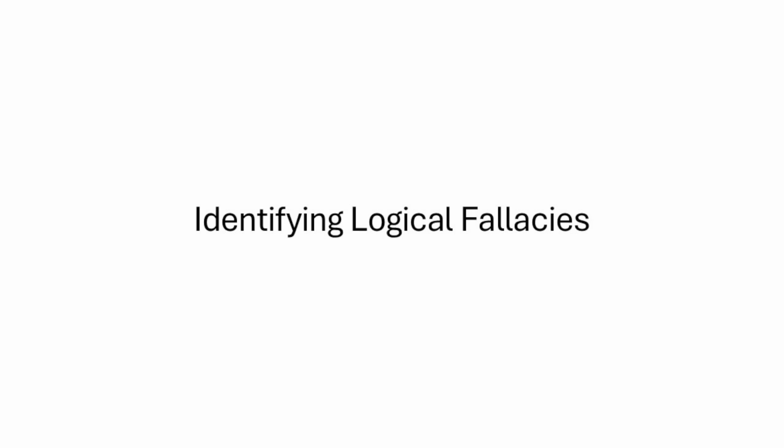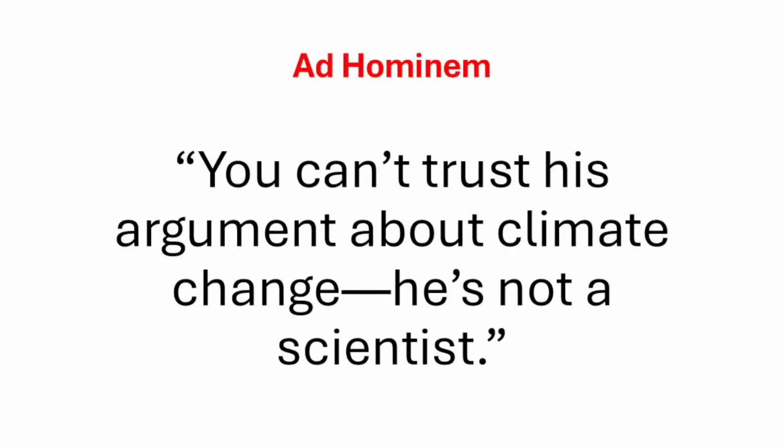Right, so identifying logical fallacies is the overall topic, and we are going to look at some common fallacies that are found in reasoning. So the first one we're going to look at is an ad hominem. Ad hominem attacks target the person making the argument rather than the argument itself.